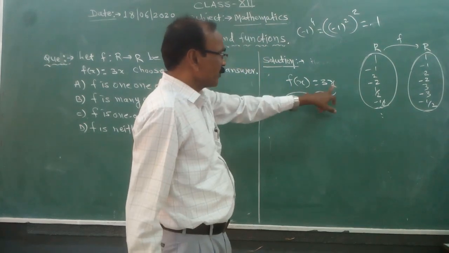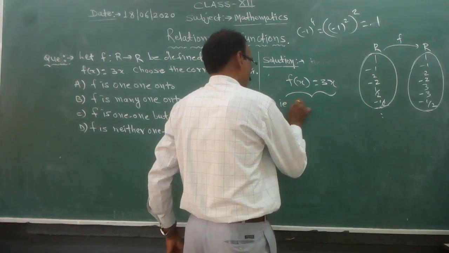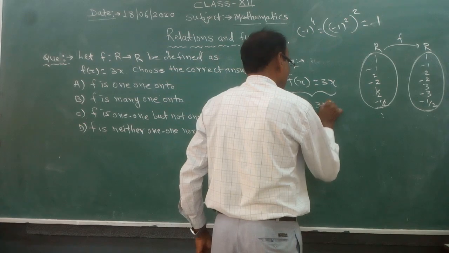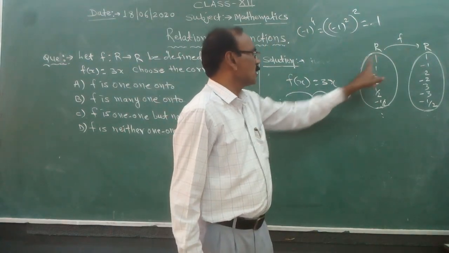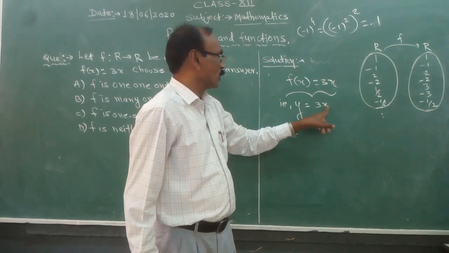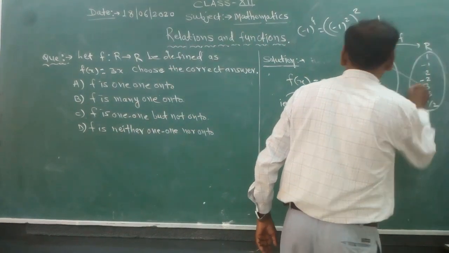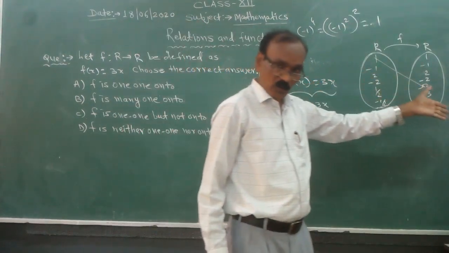So if you put here the value of x, y means the range of the function. So y is equal to 3x. Let us put the value of x as 1. If I put x equal to 1, y is equal to 3. So 1 will relate with 3. If I put x equal to minus 1, then y equal to minus 3 is also present.